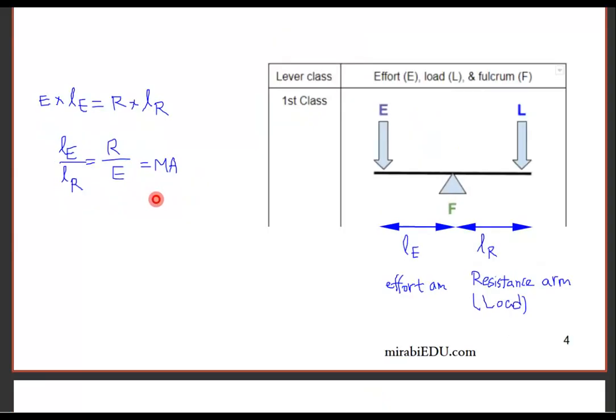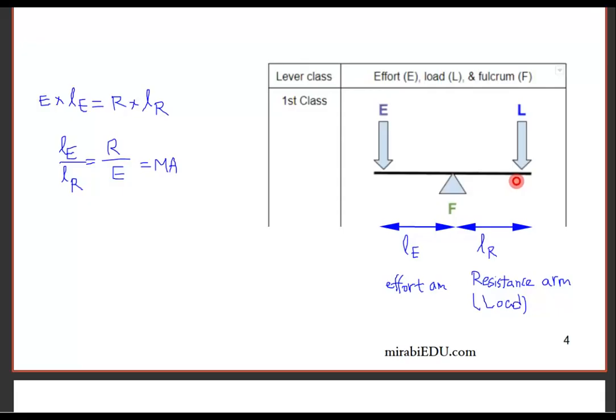In lever type 1, we cannot say if it is bigger than 1 or less than 1 or equal to 1. It is based on the length of LR and LE. If the fulcrum is exactly in the middle, then mechanical advantage is 1. Of course, this type of machine again helps us in a way that the direction of the force changes.